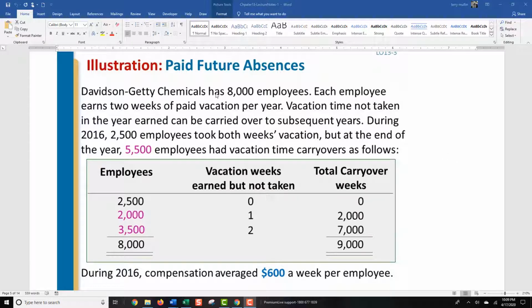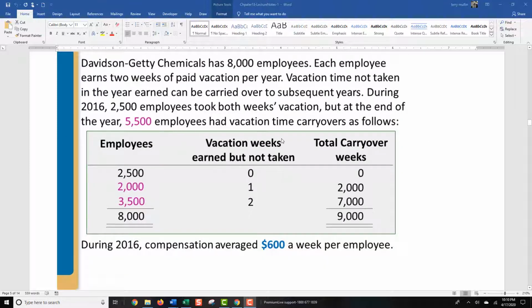So Getty Company has 8,000 employees. Each employee earns 2 weeks of paid vacation per year. Vacation pay not taken in the year earned can be carried over to subsequent years. So during 2016, 2,500 employees took both weeks of vacation, but at the end of the year, 5,500 employees had carryover time as follows.